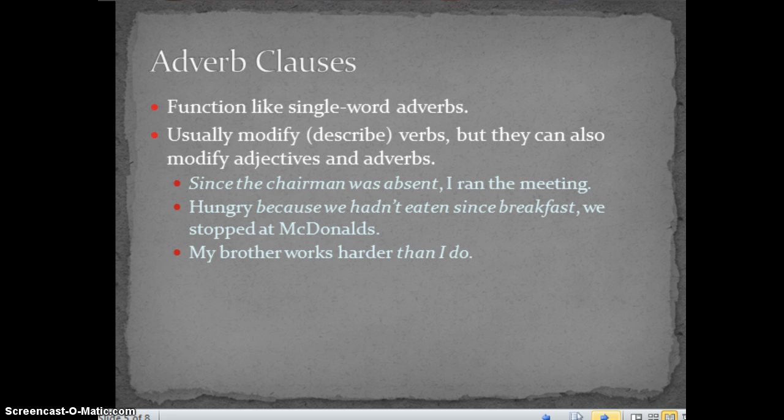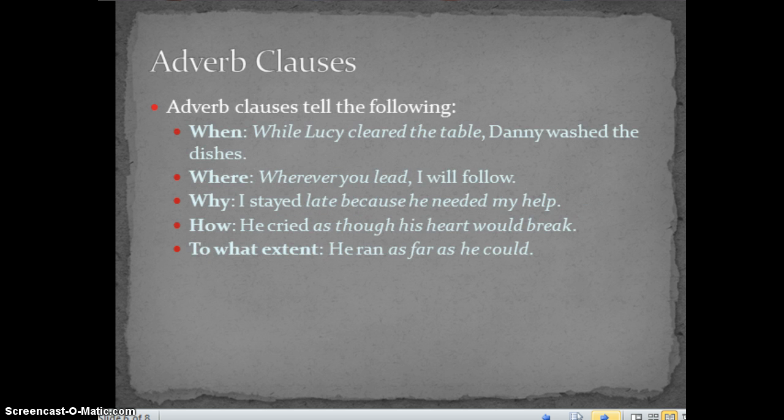Since the chairman was absent, because we hadn't eaten since breakfast, and than I do are all adverb clauses. And adverb clauses tell us the following things. They tell us when something happened, where, why, how, and to what extent.